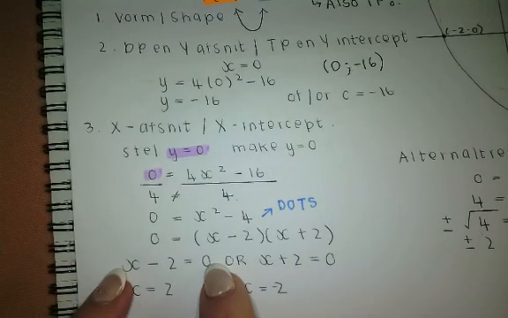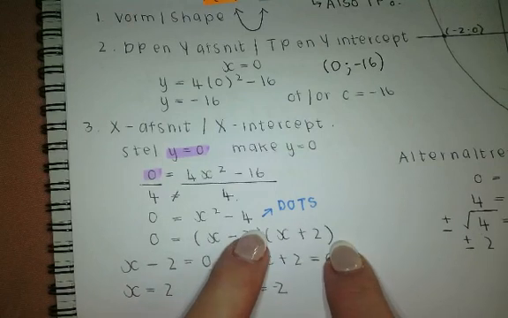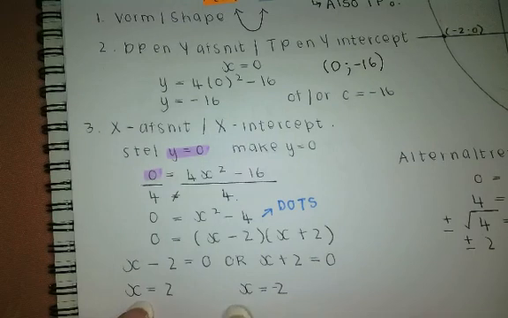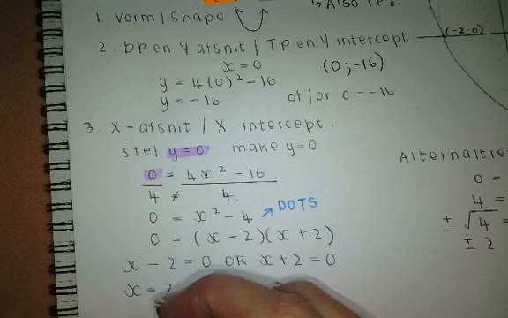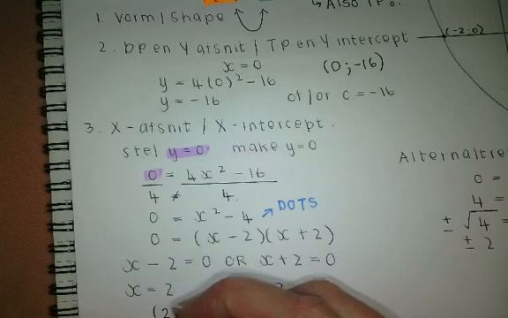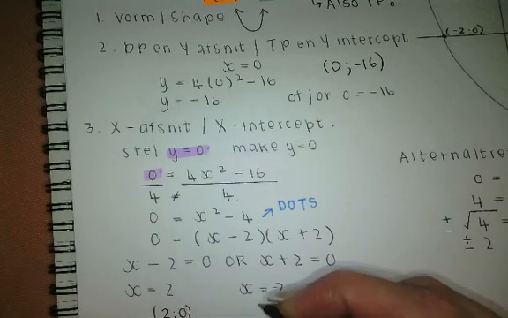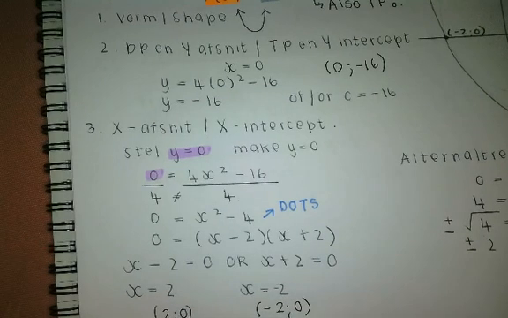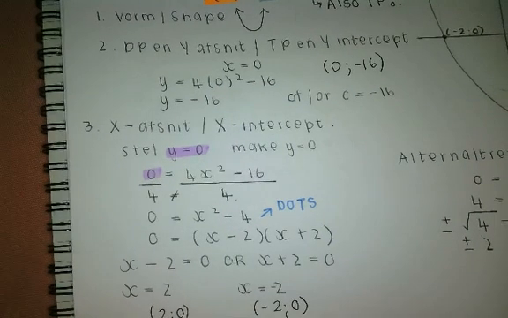You make the first bracket equal to 0 and the second bracket equal to 0, and we solve for x. Do you see we get two solutions for x here? 2 and negative 2. So what is my first x-intercept? The coordinates (2; 0) and (-2; 0).